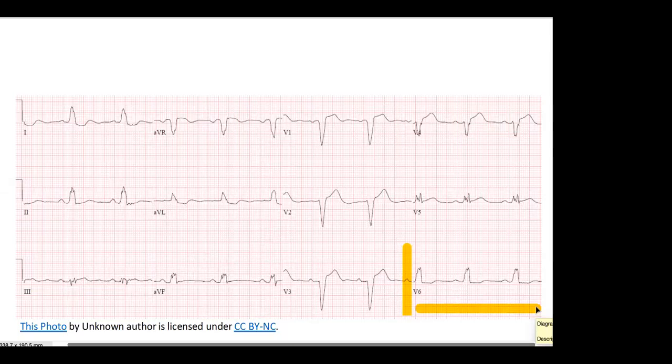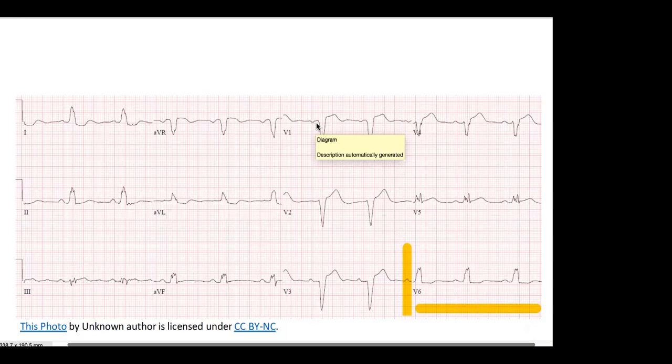You go to the second one, we have a P wave and a QRS complex, which makes it a sinus rhythm. What can you tell us about the QRS complexes, either on lead 1, lead 2, or if you go back to the precordial electrode? What can you tell us about them?